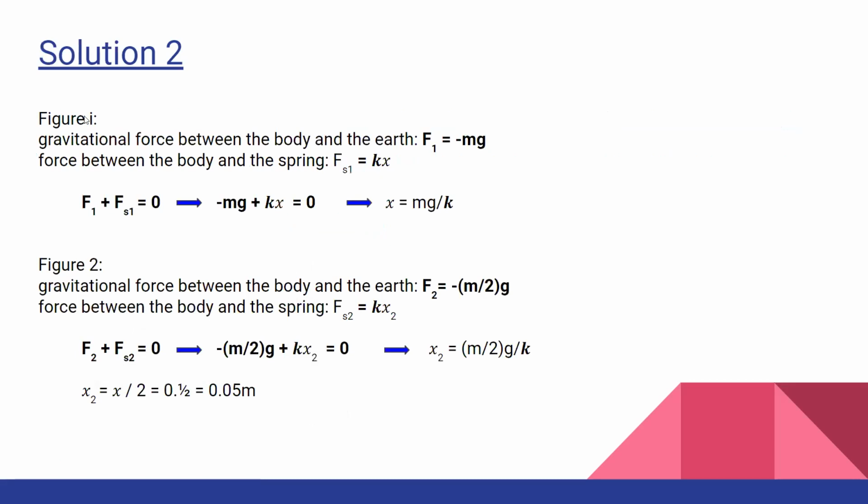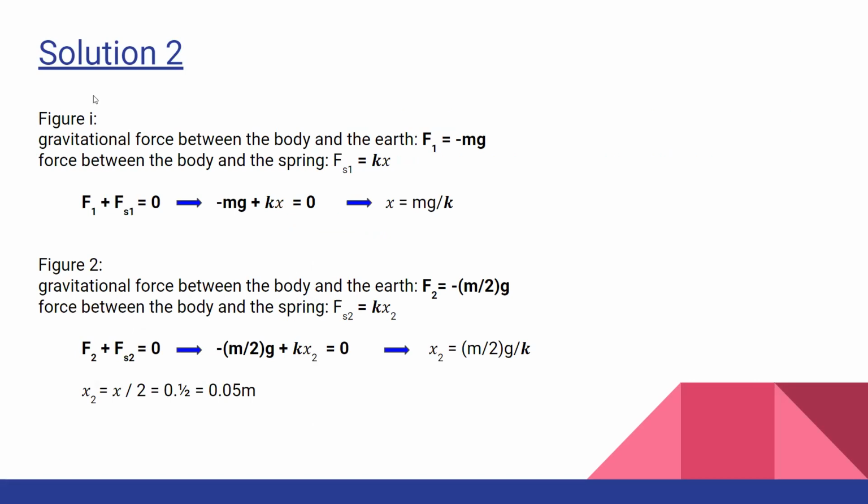So here again we can use force analysis. The gravitational force exerted on the spring is the same as the weight of the object. So F1 is equal to negative mg, and the force between the body and the spring is kx by Hooke's law.